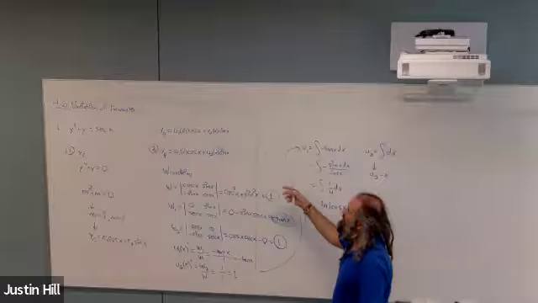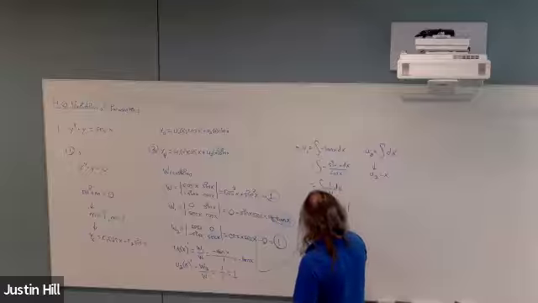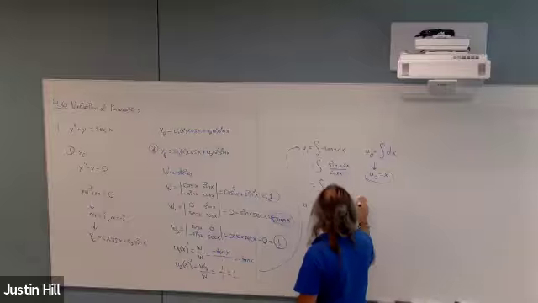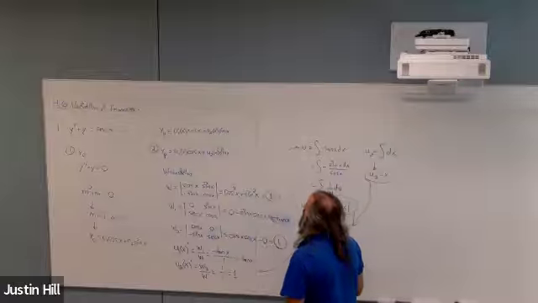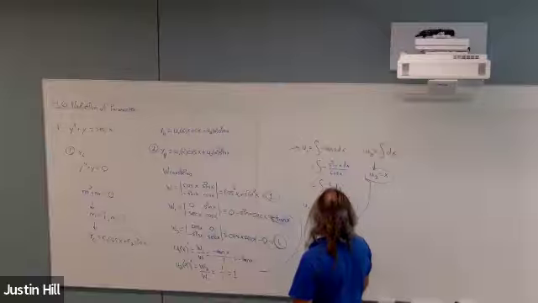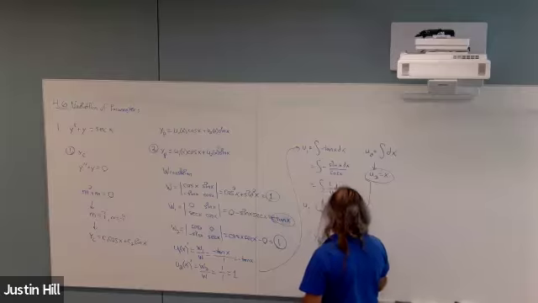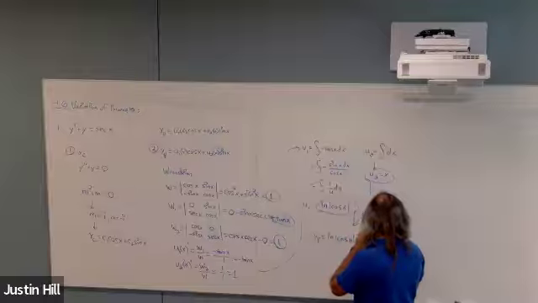Then once we have those, we can plug those straight into our form. We have our particular solution. So our particular solution is going to be, with U1 the natural log of cosine x, natural log cosine x plus x sine of x.